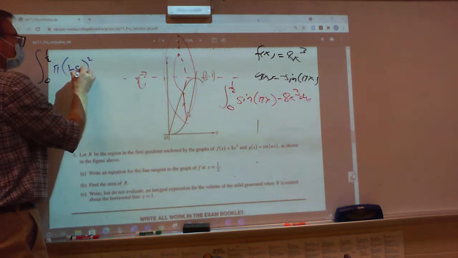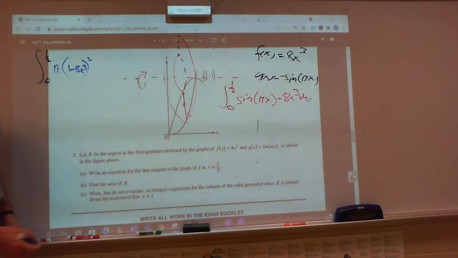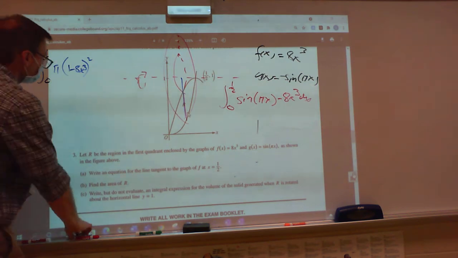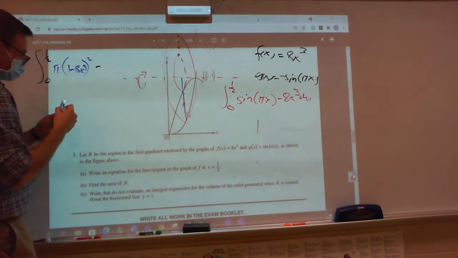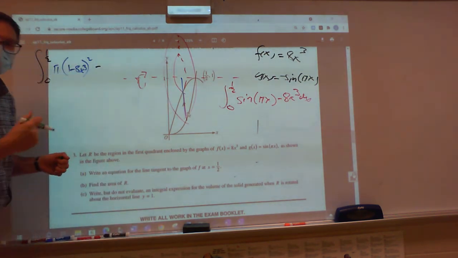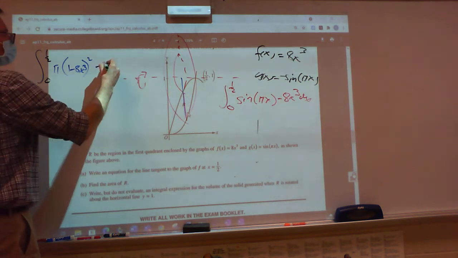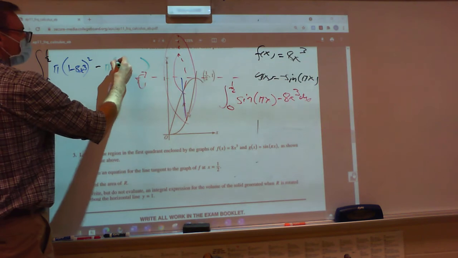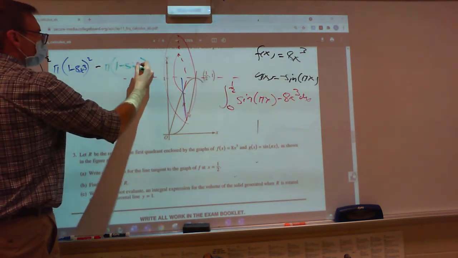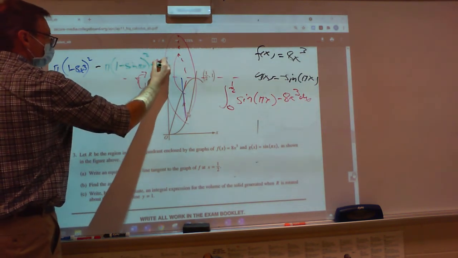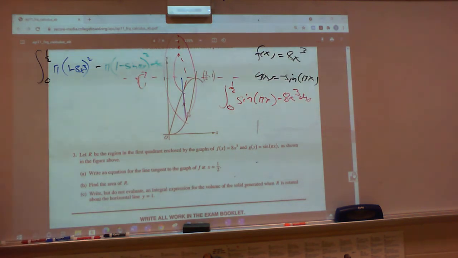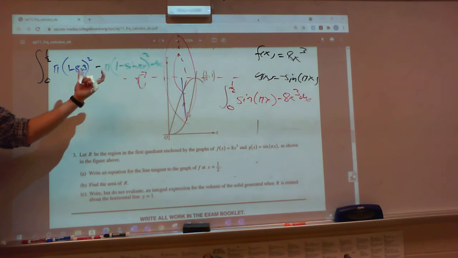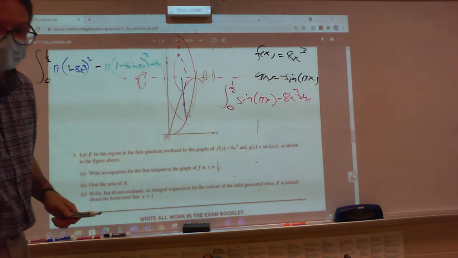Okay, 1 minus 8x cubed. Everybody okay? That's your big radius, minus, what's your small radius? 1 minus sine pi x, squared. Did that make sense? Is that easier now?